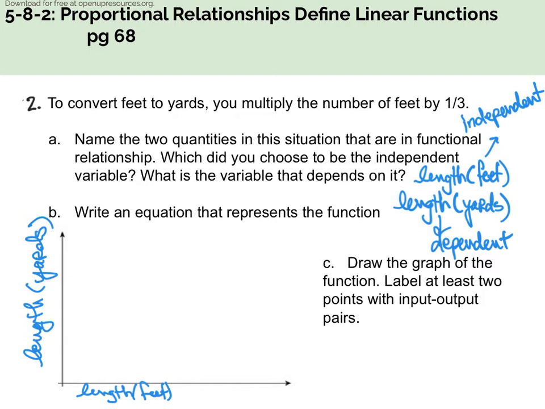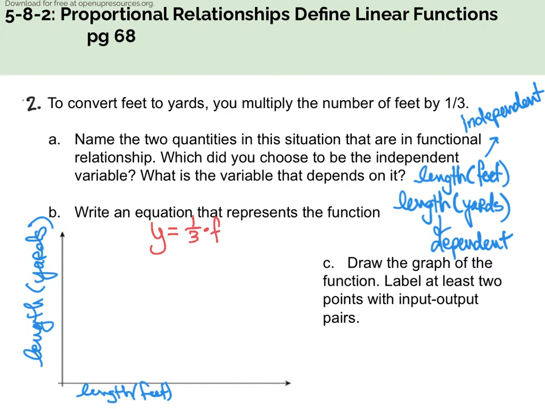We want to get our yards to equal, so we want to make an equation to figure out our yards, right? So as far as our equation, the yards is going to equal 1/3 multiplied by our feet.